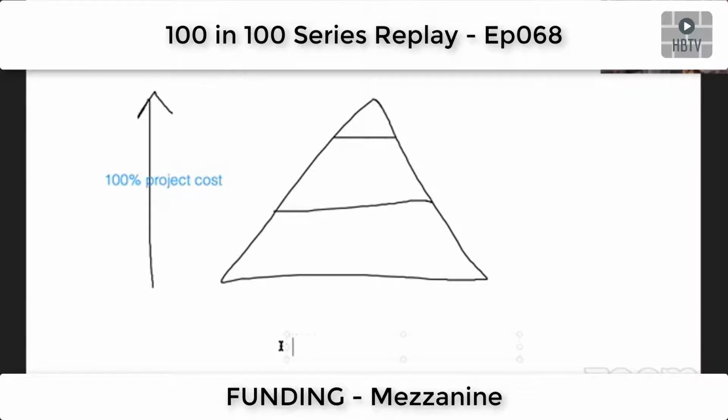In this example, let's say it was total project costs of 2 million, and let's say the senior debt funder is funding, say, 75% of that. So senior debt in this example would be in at 1.5 million. Let's say we've got our own equity at the top here.